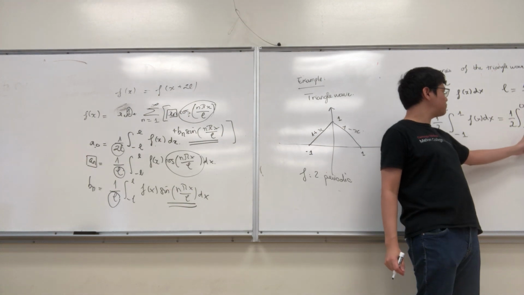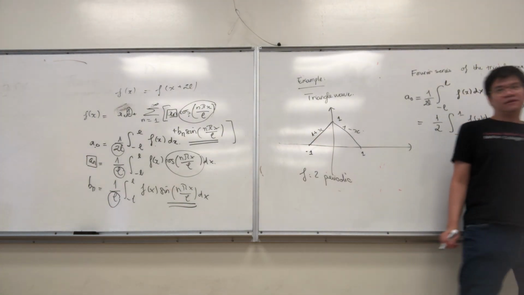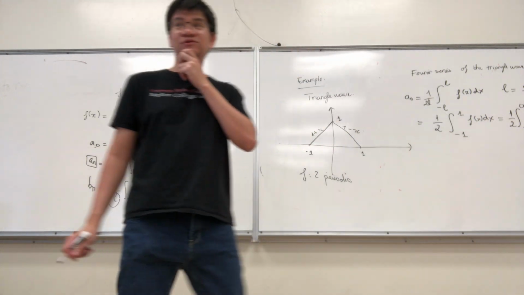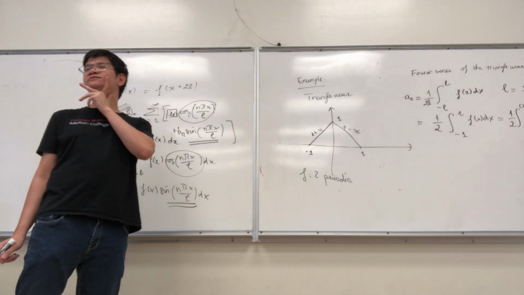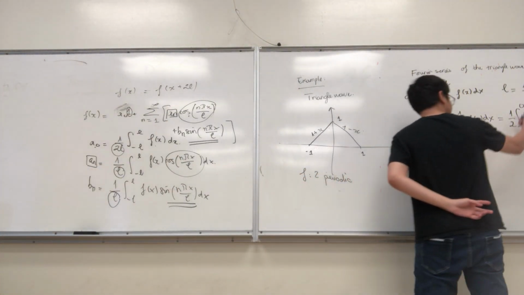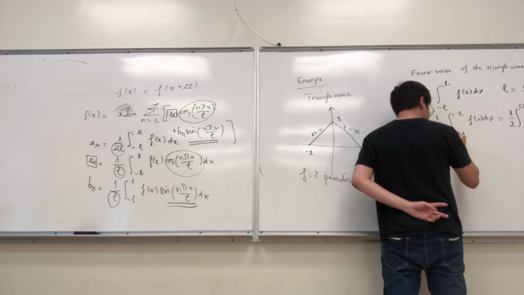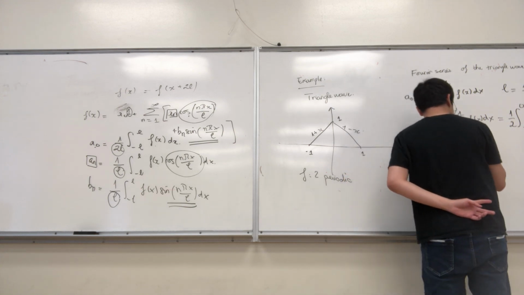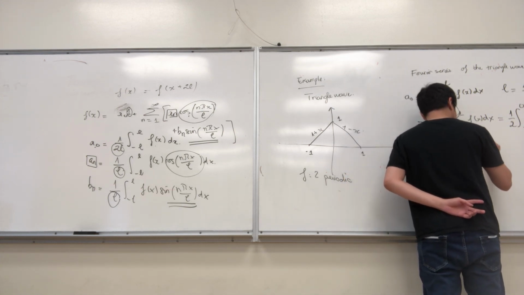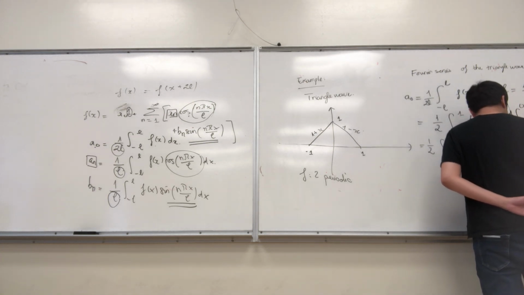The first one is from minus 1 to 0, and the second one is from 0 to 1. Now, what is the value of the function from minus 1 to 0? 1 plus x. Right. So from minus 1 to 0, you have 1 over 2, the integral from minus 1 to 0 of 1 plus x dx. And the other one will be 1/2 of what?